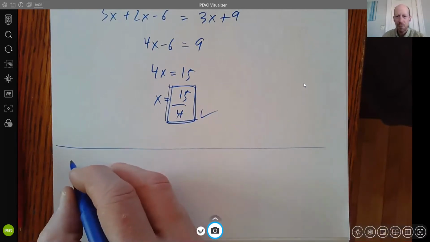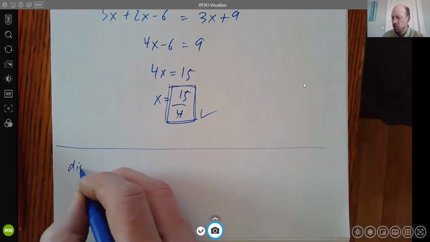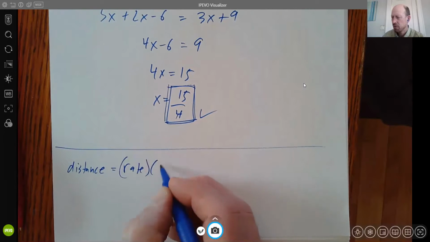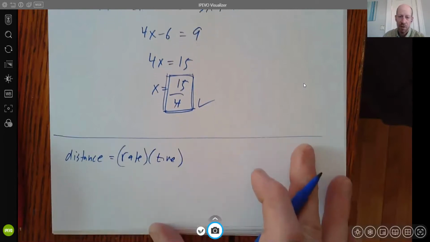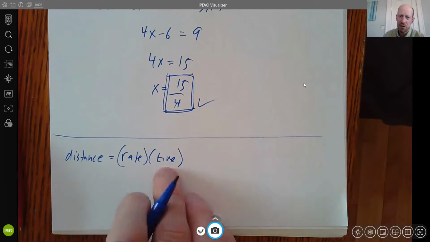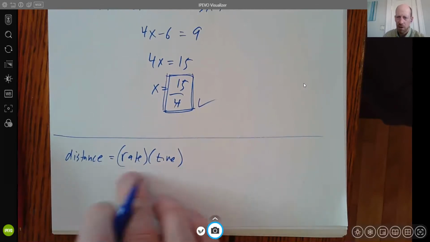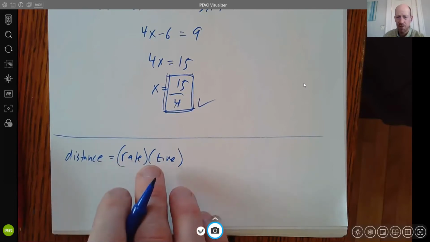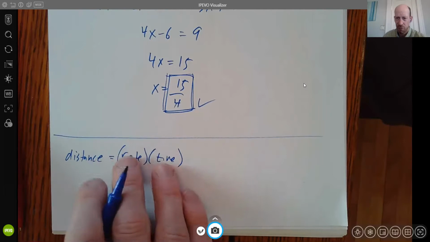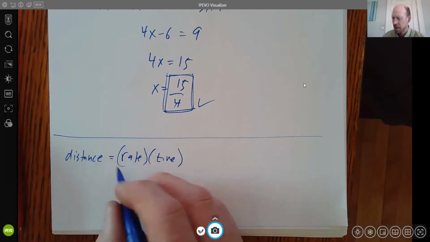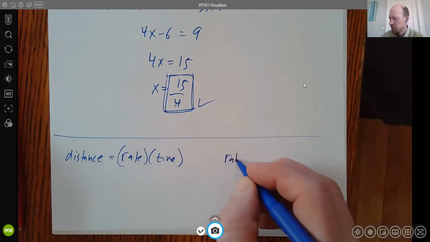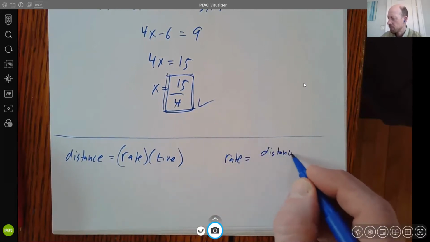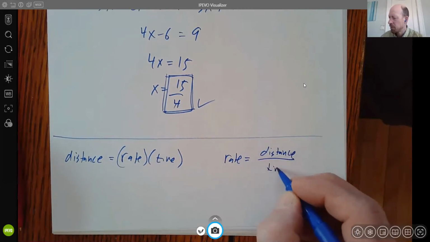The one thing that I will remind you of is that distance is equal to rate times time. So there are a number of the questions that involve this little formula. If you know the distance and the rate, or the time and the distance, you can solve for what's missing. A lot of times, the rate would be the distance divided by the time, right?